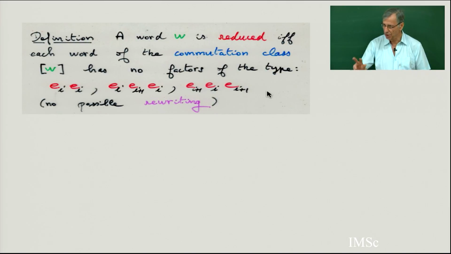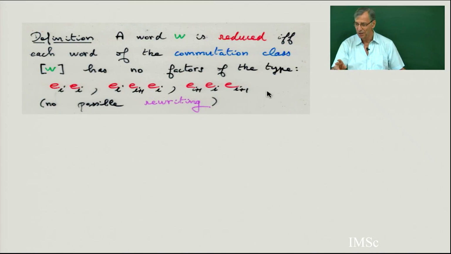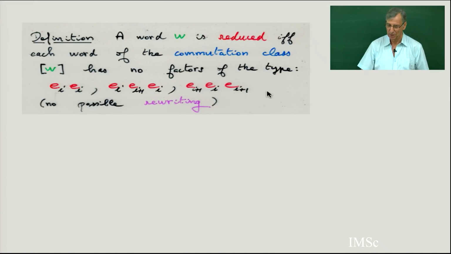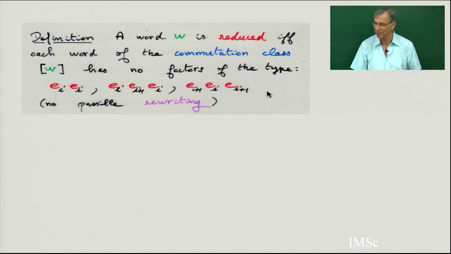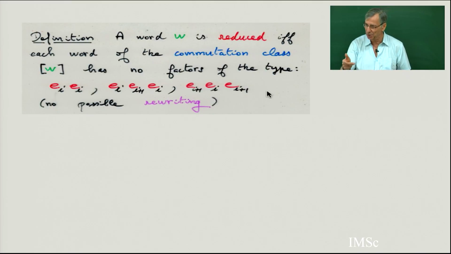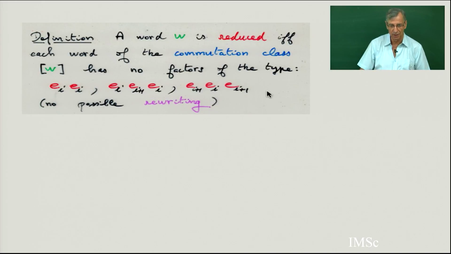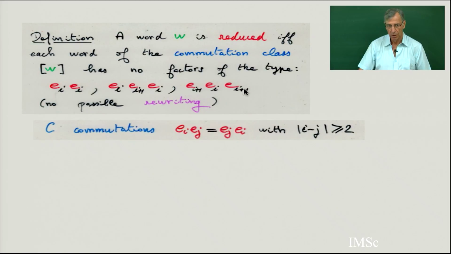Which means that even if you do commutation in your word, you cannot apply any reduction. Because maybe you cannot apply a reduction now, but if you do one commutation, maybe you can apply some reduction again. But then you are stuck: whatever commutation you do, you cannot do any more reduction. So I will call this a reduced word.